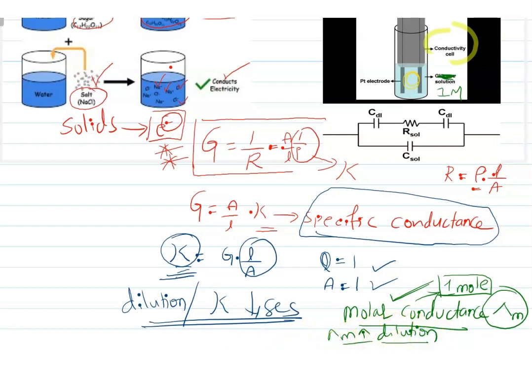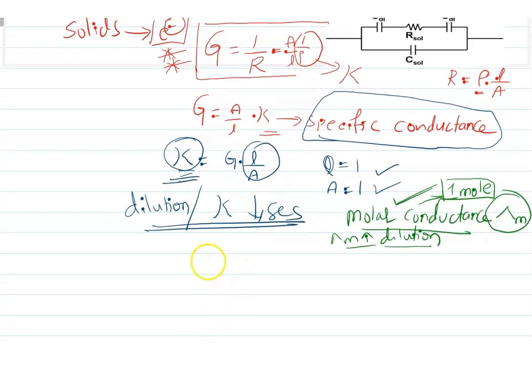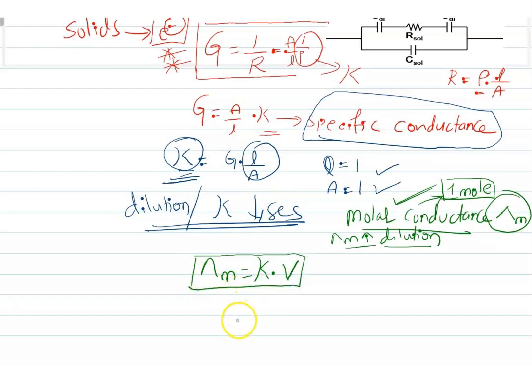Why? Because the molar conductance is equal to specific conductance into volume. So when the volume is increasing, molar conductance also increases.